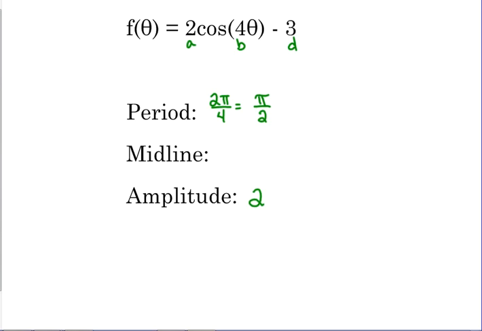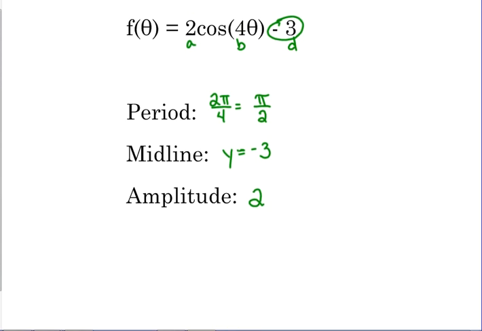So we have squished this pretty considerably, which makes sense, remember, because when that number is bigger than 1, we would expect it to make it bigger, but it actually makes it smaller. And our midline, we have subtracted 3, so our midline is going to be at y equals negative 3. So we have squished it horizontally, moved it down, and made it taller vertically.